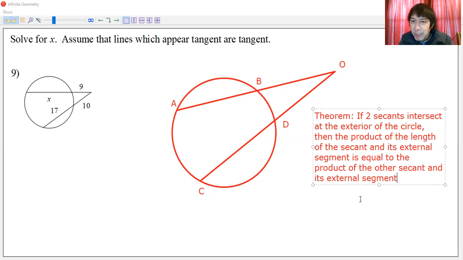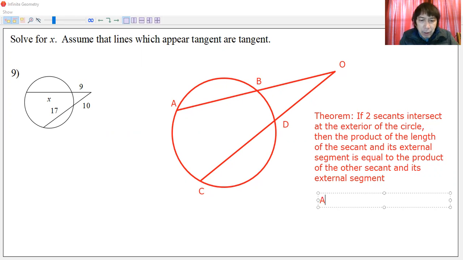In symbols, using the diagram, we have AO, that's the entire length of the secant, times BO, is equal to CO times DO. This is in terms of the segments in our diagram.